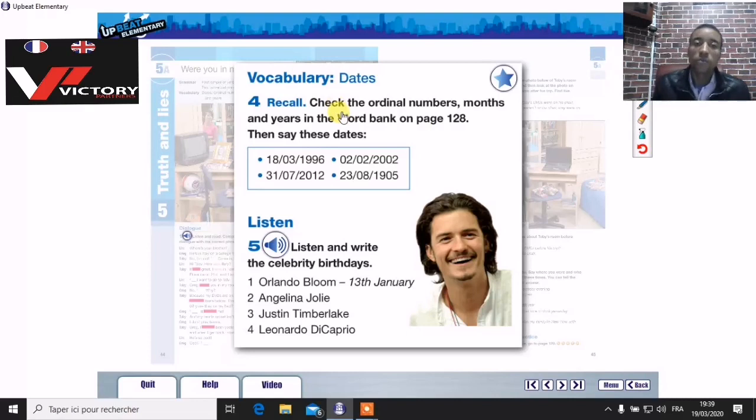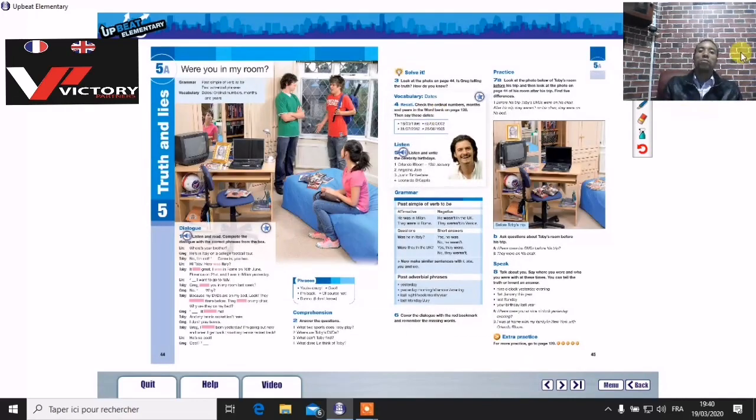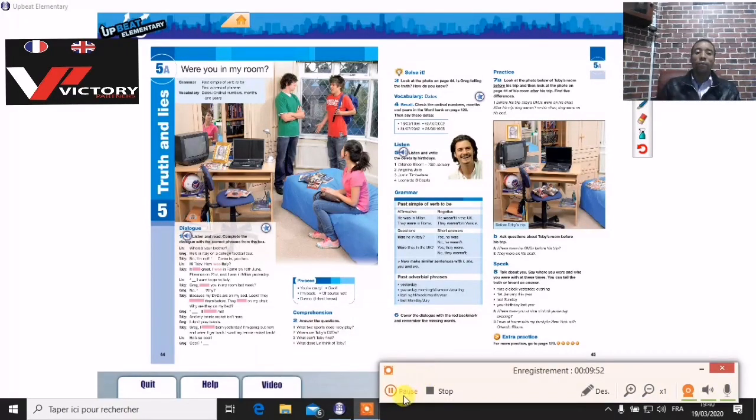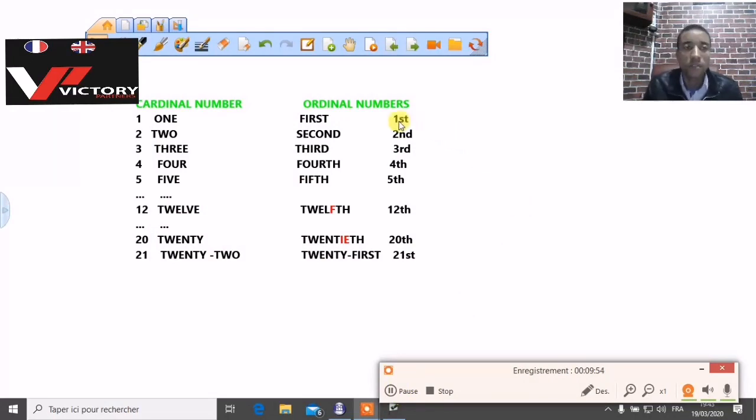So before this, I'm going to show you something. Right, so here we have cardinal numbers, and as you can see below, we have 1, 2, 3, 4, 5, and then we have 12, then 20 and 21.